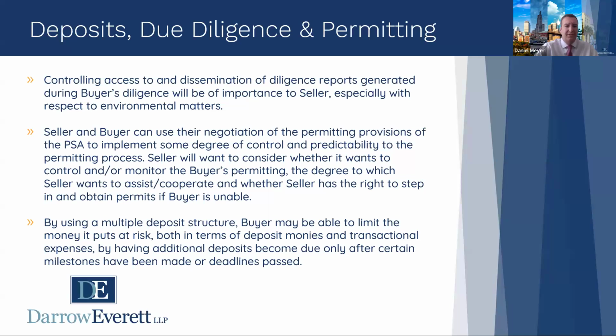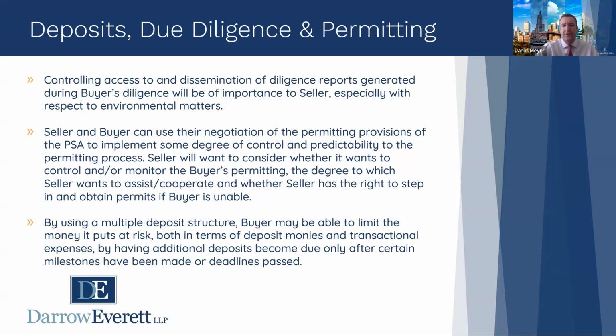A big advantage to using a multiple deposit structure is that the buyer has some degree of ability to limit the money it puts at risk. This is both in terms of the total deposit monies paid and at risk, but also transactional expenses.